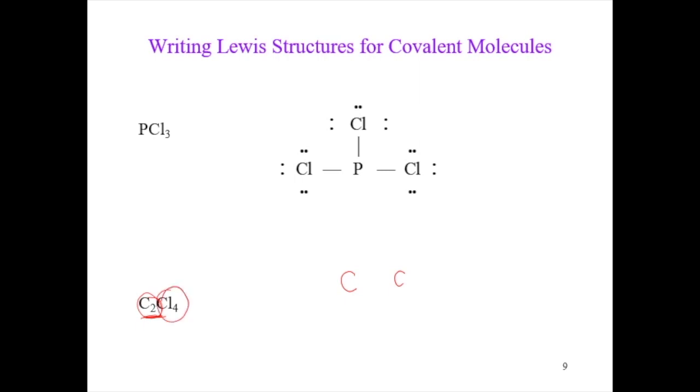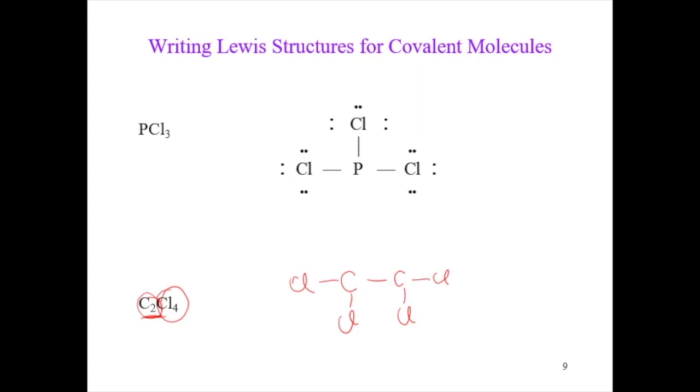Try to distribute it evenly to both of the carbons, meaning it has 4 chlorine atoms, so I will draw 2 chlorine atoms next to one of the carbons, and then 2 chlorine atoms will be bonded to the other carbon atom, and now we'll draw single bonds between them.